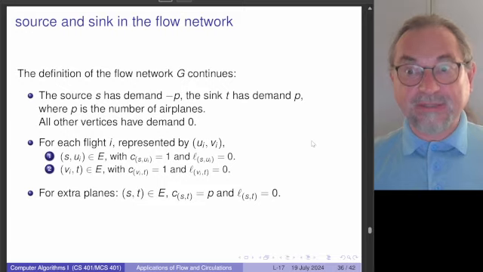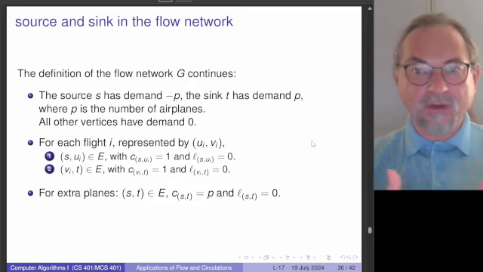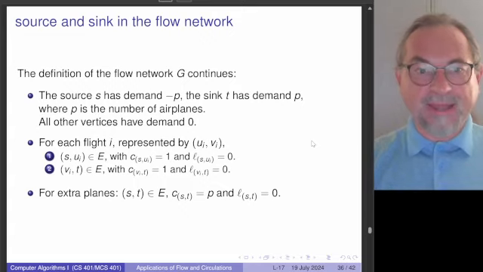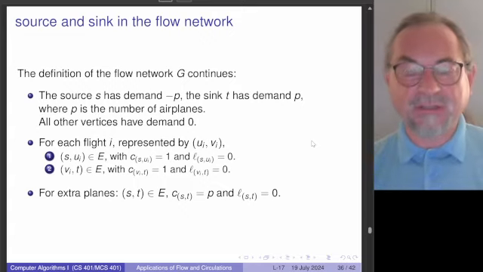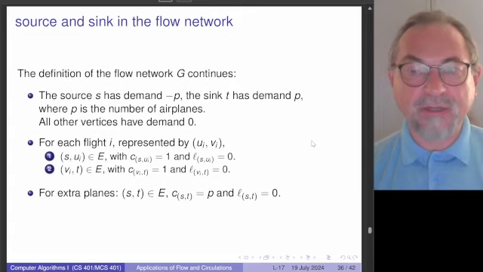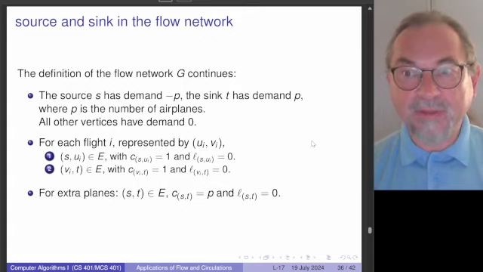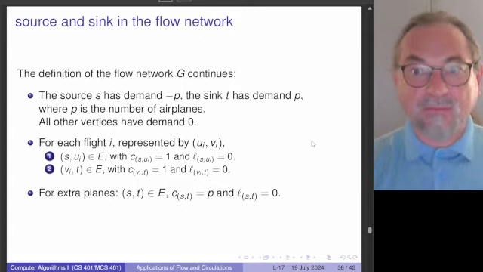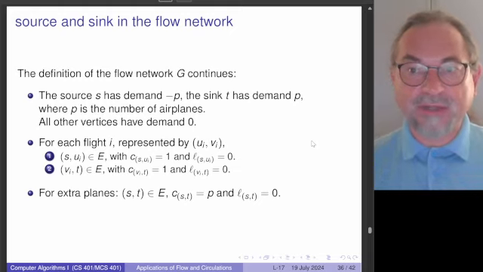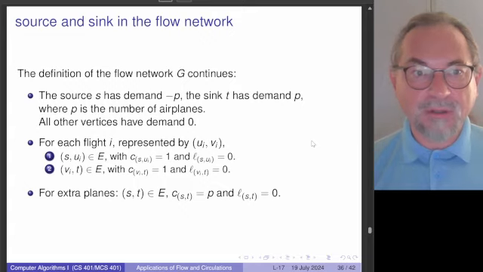There's nothing that says that you have to use all planes. So you have an extra edge that goes from source to sink with capacity P. That means that some extra planes will travel from source to sink without serving anything. Okay, so this is the flow network.